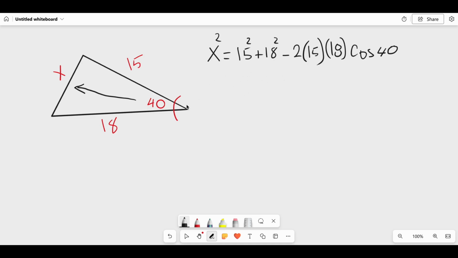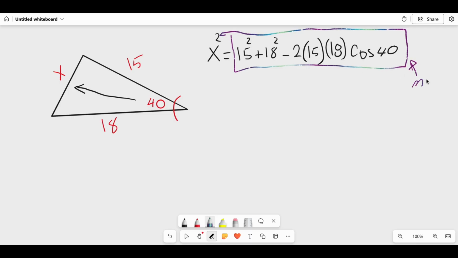You're going to use your calculator to find this number here, and let's call this number m. So the missing side is going to be x equals the square root of whatever this number is, m. Once we find this number, we plug it here and we find the missing side.